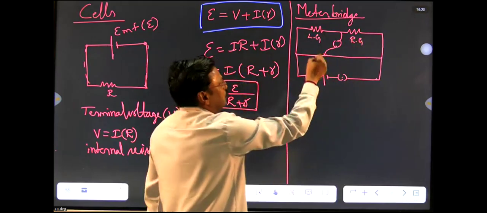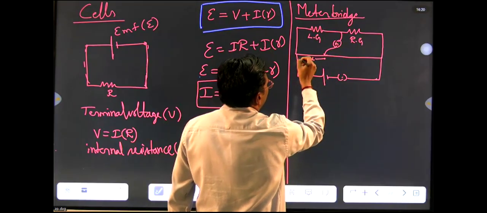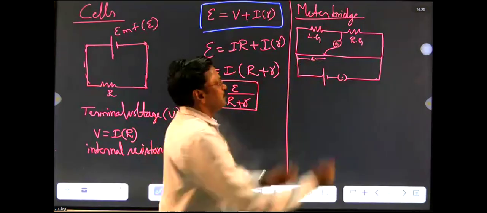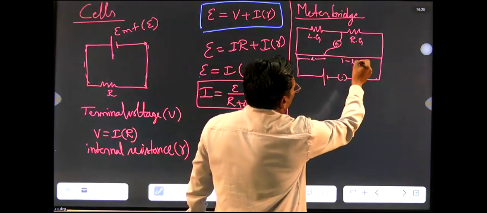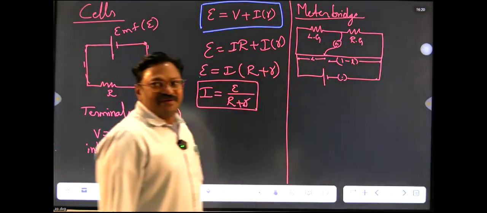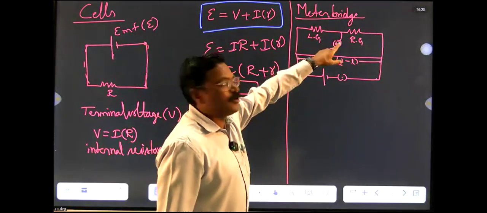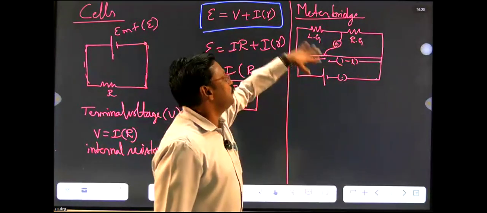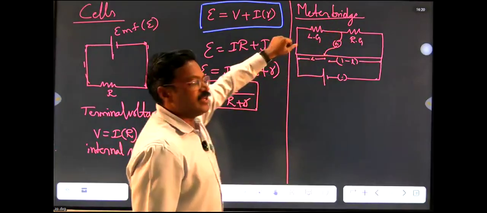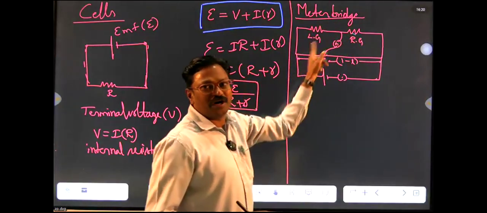This is the galvanometer G, and this distance from one end of the wire, which is actually a 1 meter wire, is called the balancing length. What is remaining is called 1 minus L, the remaining of 1 meter. When the galvanometer is showing zero deflection, that is, if current flowing through the galvanometer becomes zero, then we say the Wheatstone bridge network is balanced. If it is balanced, then as we discussed yesterday, the ratio of these resistors P by Q is equal to R by S.